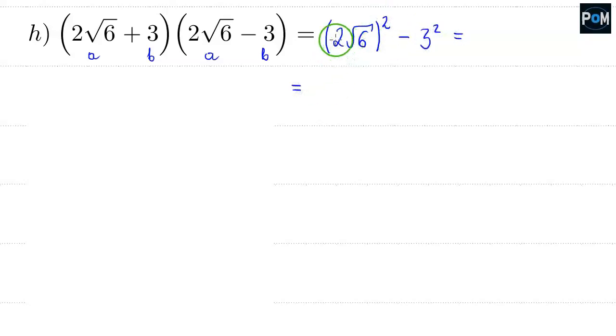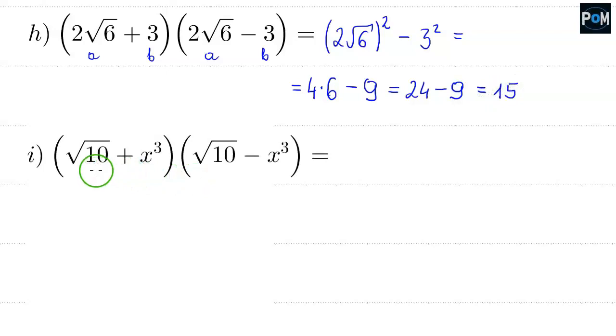Well, this is going to work like this. The square has to work on the 2. 2 squared equals 4. And the square root of 6 also has to be squared, but the root and the square cancel each other out, so it's 4 times 6. Subtract 3 squared, which is 9, and we calculate 4 times 6 is 24, subtract 9, which gives us 15.